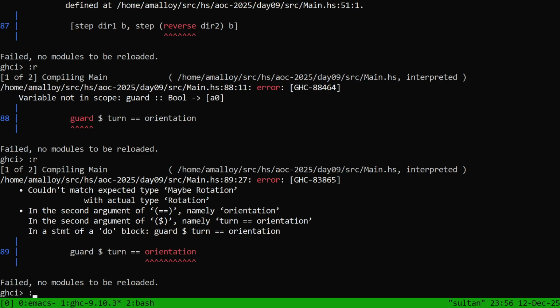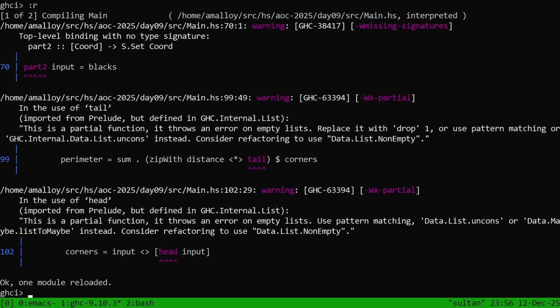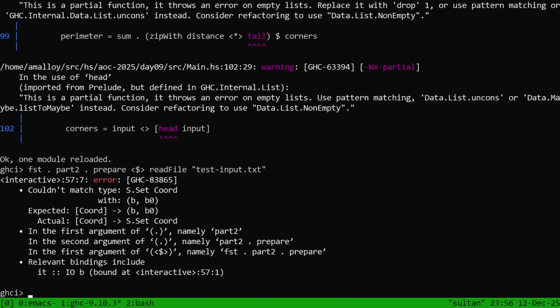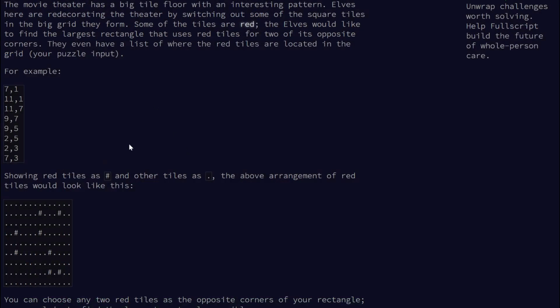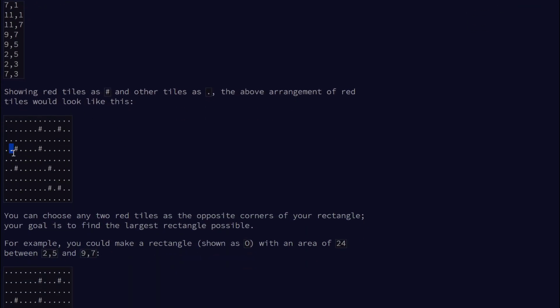But let's see if what I have so far is doing what I hope it would do. We're not returning a tuple anymore. So let's go look at the test input. And I want to see this cell, which wasn't in my list of blacks before. I want to see that it's there.